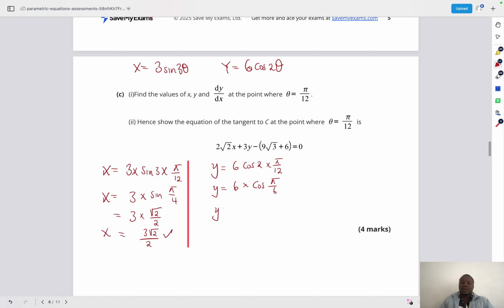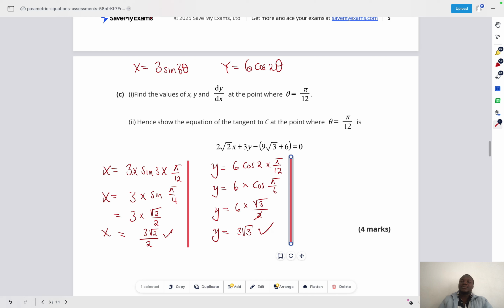If you use your calculator here, you must get cos pi over 6, which is root 3 over 2, and it implies that y is equal to 3 root 3. So we found the value of x here, and we found the value of y. What we are simply doing here is replacing theta in the x and y parametric equations.